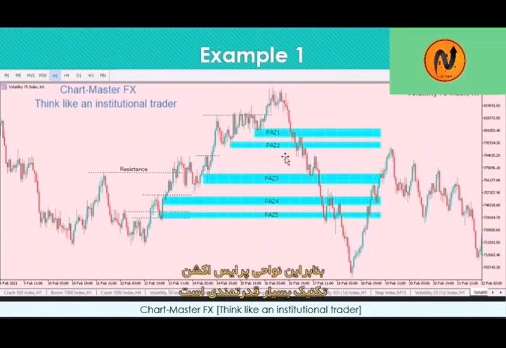So price action zones are a powerful technique. I'm just giving you some highlights of price action zones.